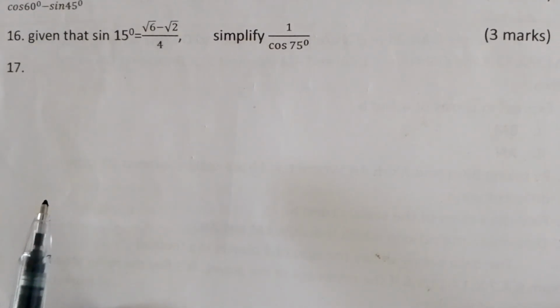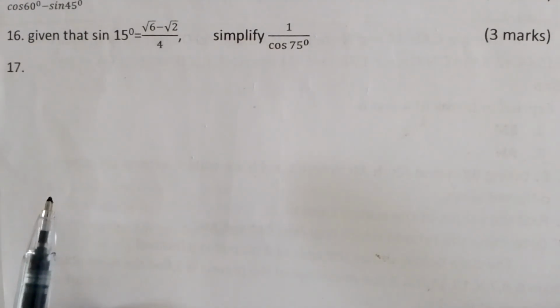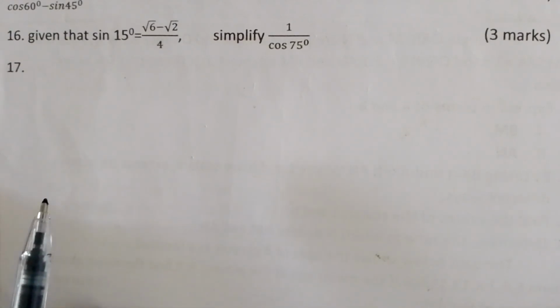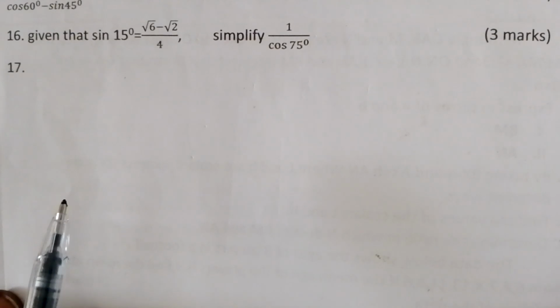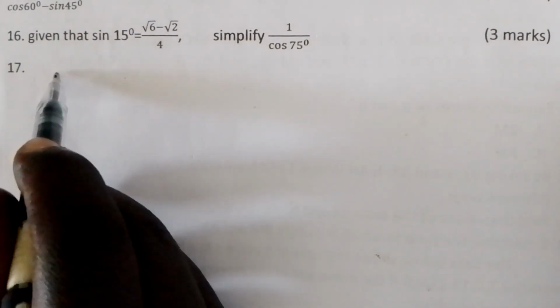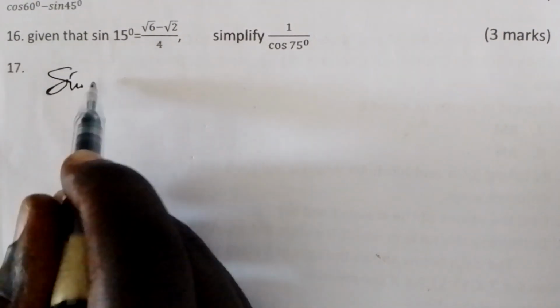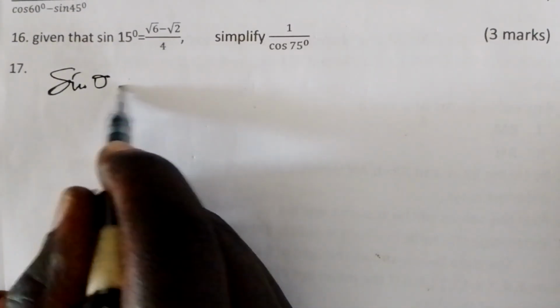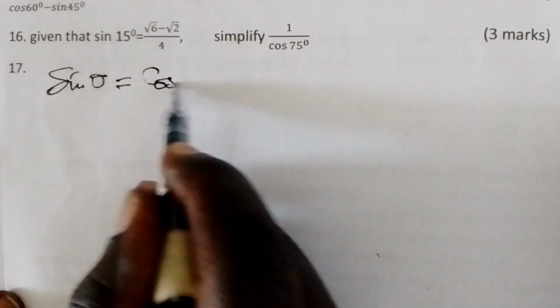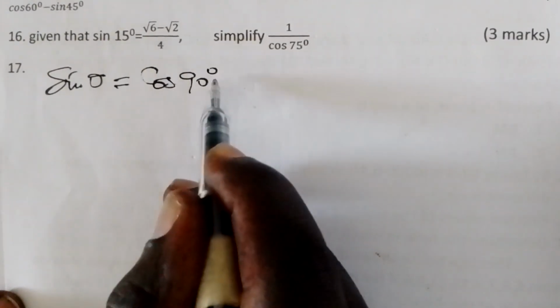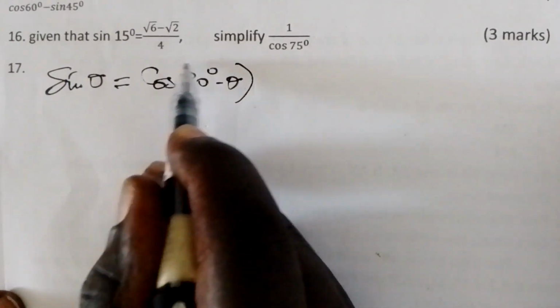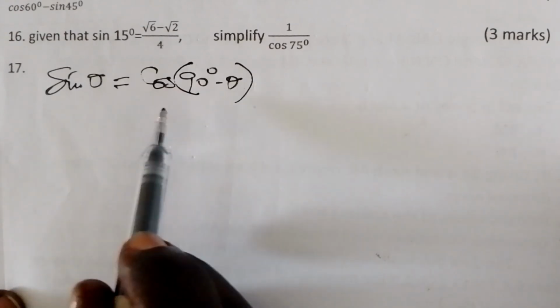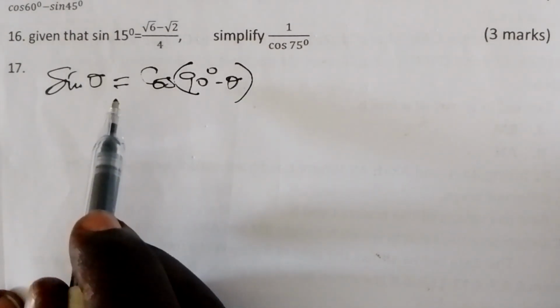Now we need to remember that the sine of theta is equal to the cos of 90 degrees minus theta, meaning that they are complementary in this particular case.